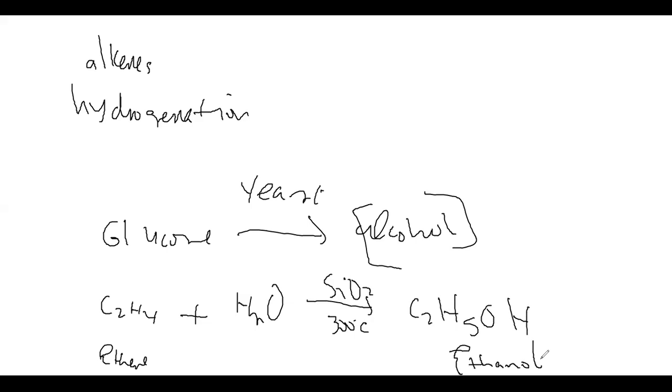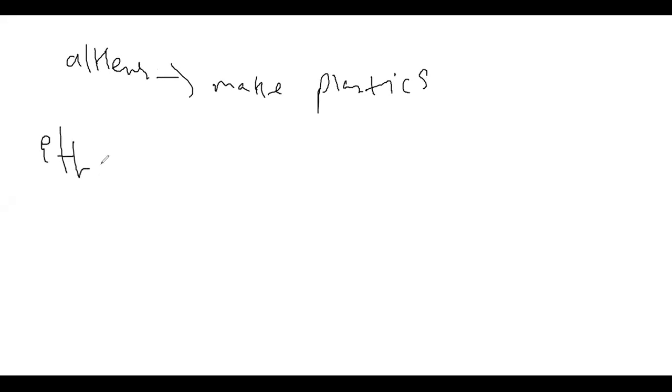So another thing they want you all to know about with alkenes is that this is where we have our plastics. This is where we make plastics, right? So what can happen is, let's just say you have ethene again, which is C2H4, right?